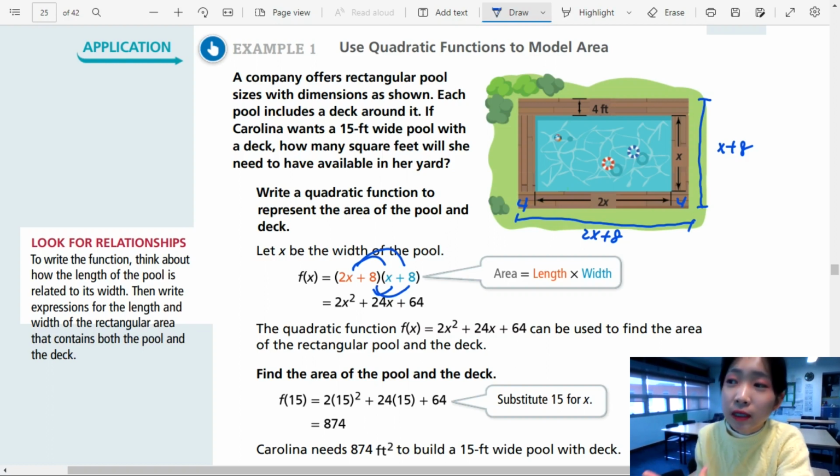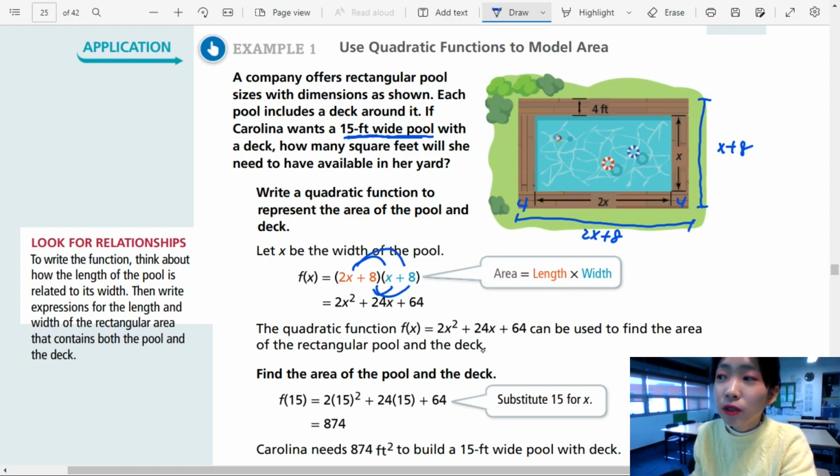And then we're going to find the area of the pool and the deck when x is a 15 feet wide pool. It's 15 feet wide, which means it's going to represent the width. So you can just plug that into x because x represents the width, right?